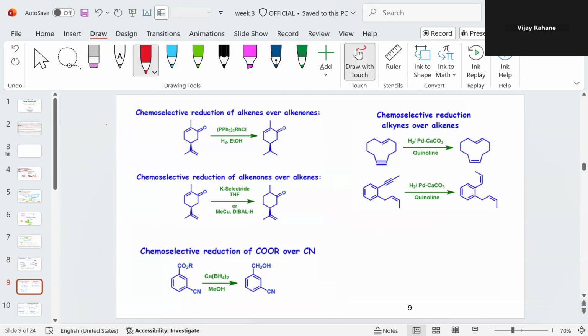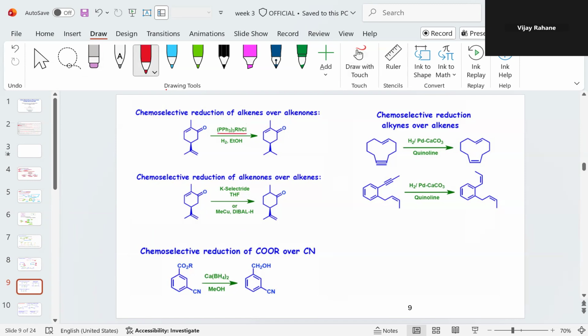All right. Now if you have the chemoselective reduction of alkenes or alkyl ketone, that is the alpha beta unsaturated ketones, this is another reagent combination we can use.